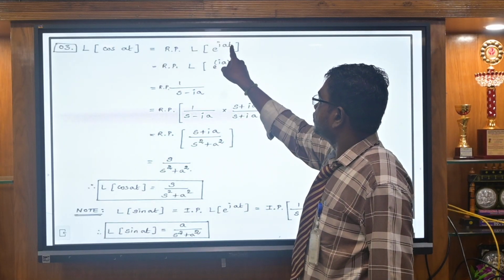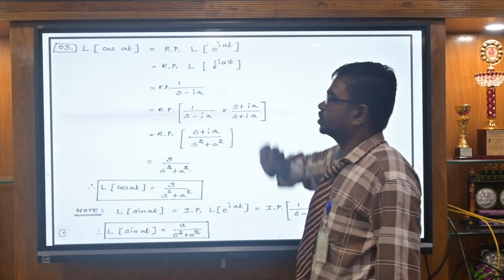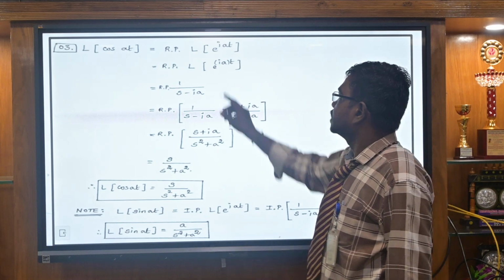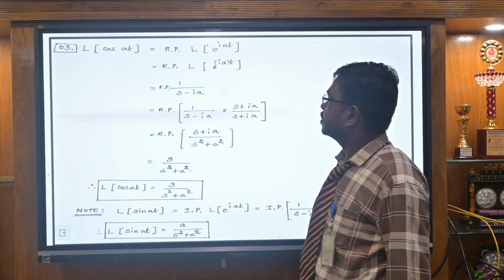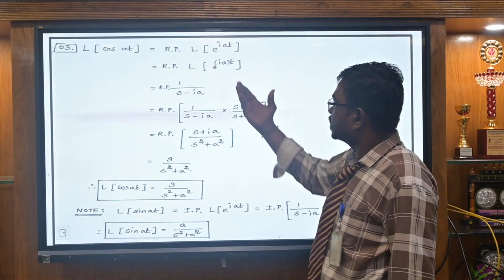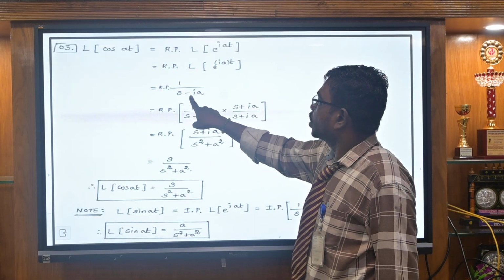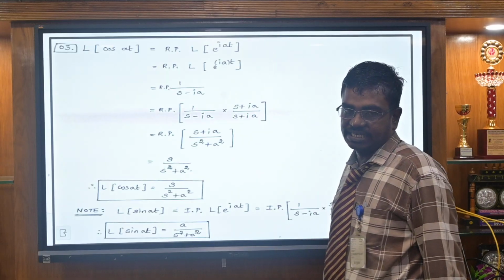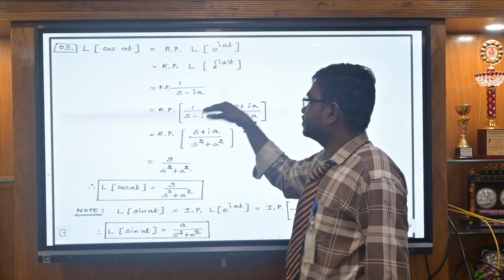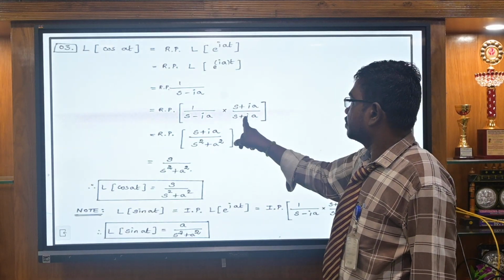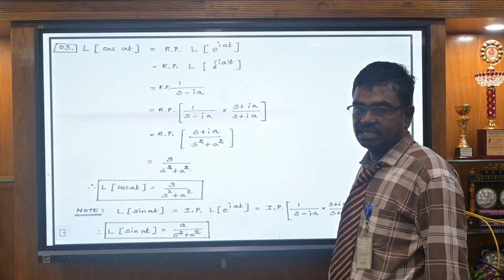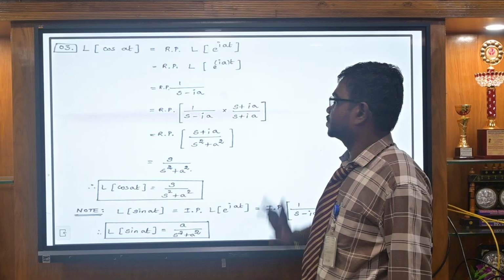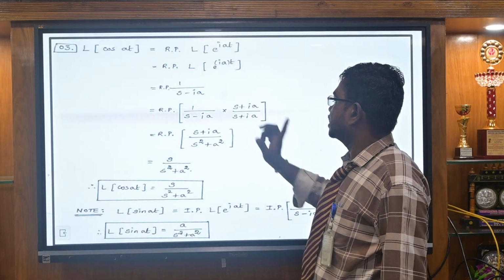Because t is the variable, the Laplace is in the variable t. Here a is a constant, and the coefficient of t is my ia. What is the already known result? Real part of 1 by s minus ia. For the real part, we change using the conjugate: s minus ia into s plus ia.